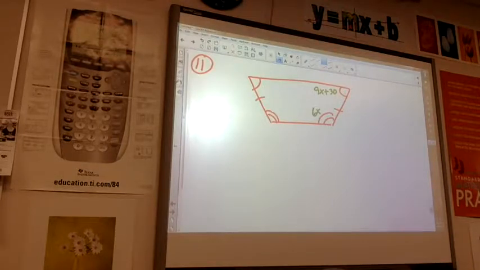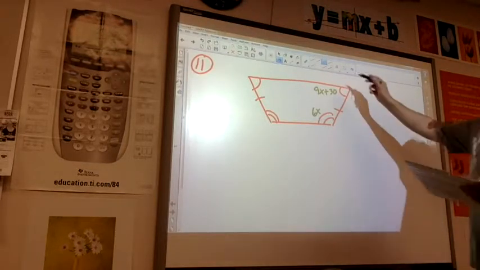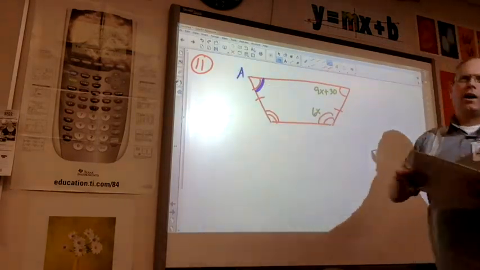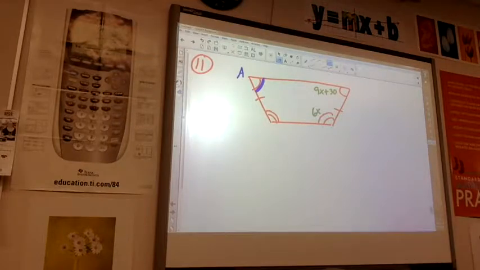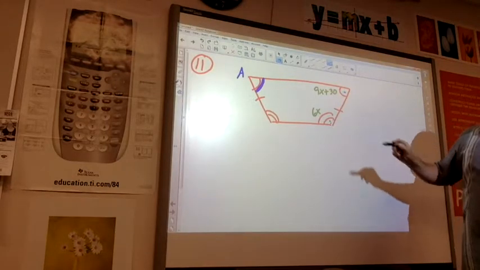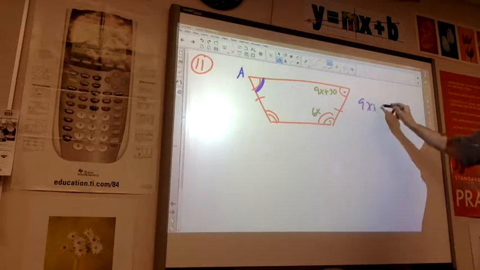So they want us to solve for x and solve angle A. All right, so if it's isosceles, what would I have to know about these two angles? They add to 180.